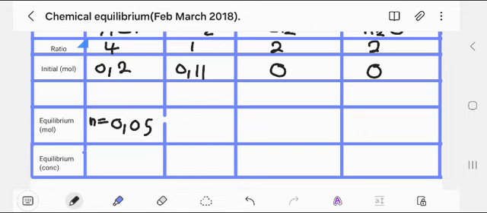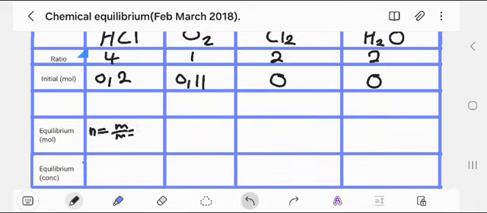So at equilibrium we have 0.05. What about the change? When you want the change, you say final minus initial.